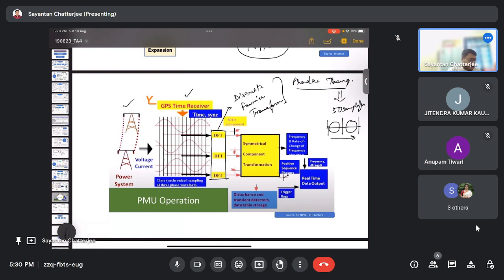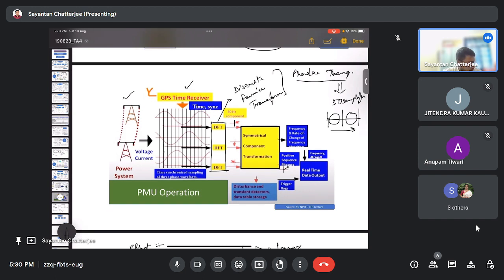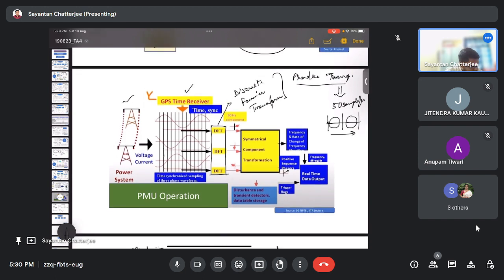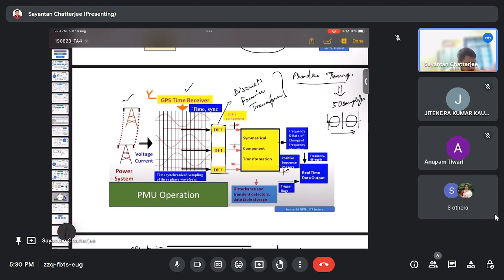So this is the major PMU operation. The symmetrical component transformation is done for the positive sequence analysis part, and the frequency, rate of change of frequency, positive sequence phasors and real time data output are all the outcomes, along with disturbance and transient detectors.